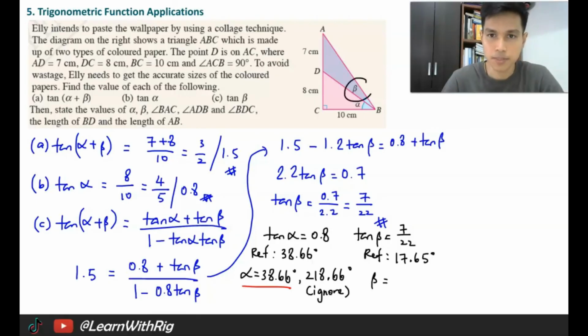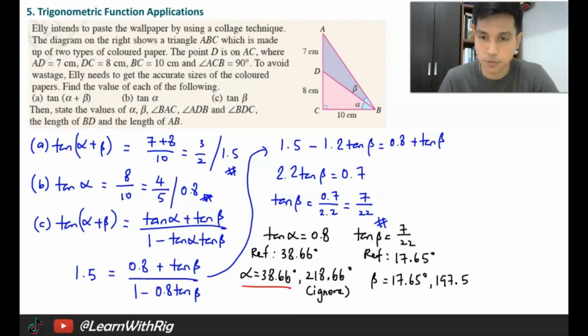You see here, beta is only an acute angle, right? So you should get 17.65, and also 197.35, but this one you can ignore. So the answer is this.